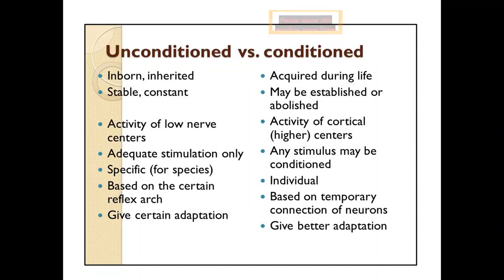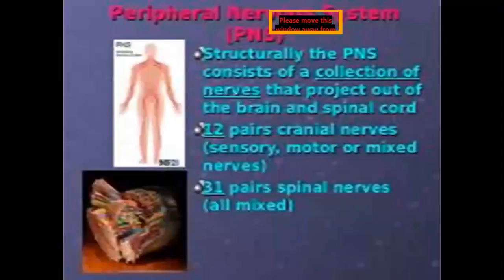Unconditioned is activity of low nerve centers, conditioned of cortical centers. These are the different difference points given, and it's important to know the difference between the unconditioned or natural reflex and the conditioned reflex action.